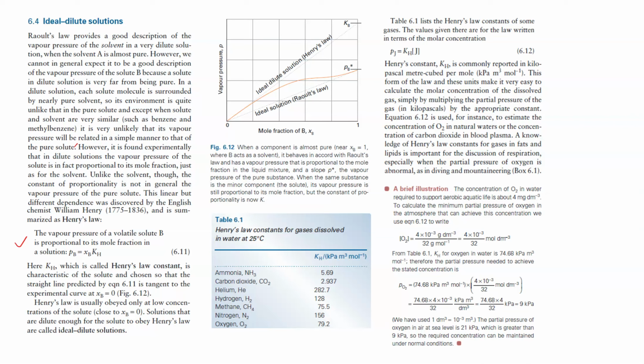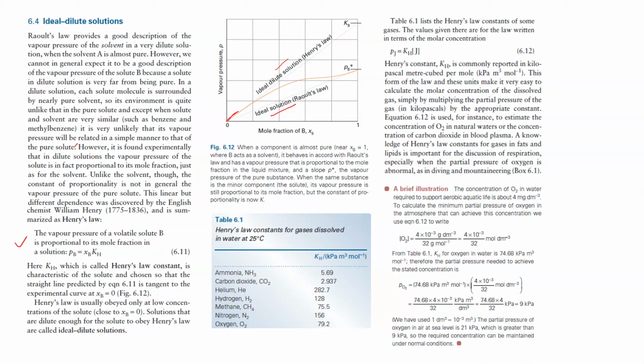which we see in figure 6.12. Let's take a look at that. So on 6.12 we have vapor pressure on the y-axis and the mole fraction of B on the x-axis, and we see this ideal solution dotted line here, and we have this ideal solution for Henry's law at tangent to the curve of the actual data as it approaches 0.